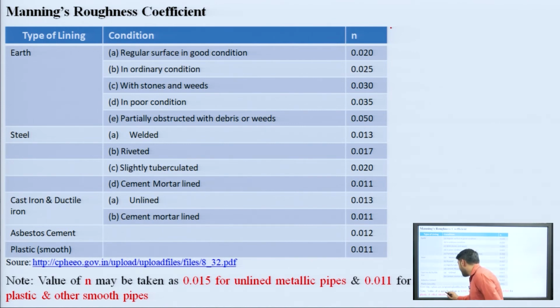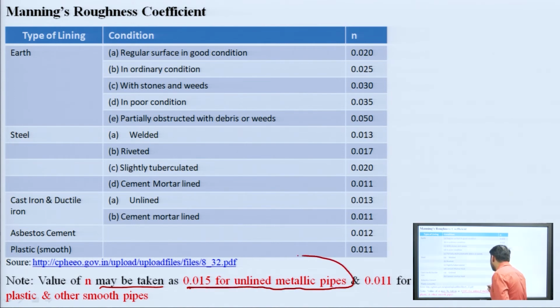The value of n may be taken as 0.015 for unlined metallic pipes, and 0.011 for plastic or other smooth pipes.